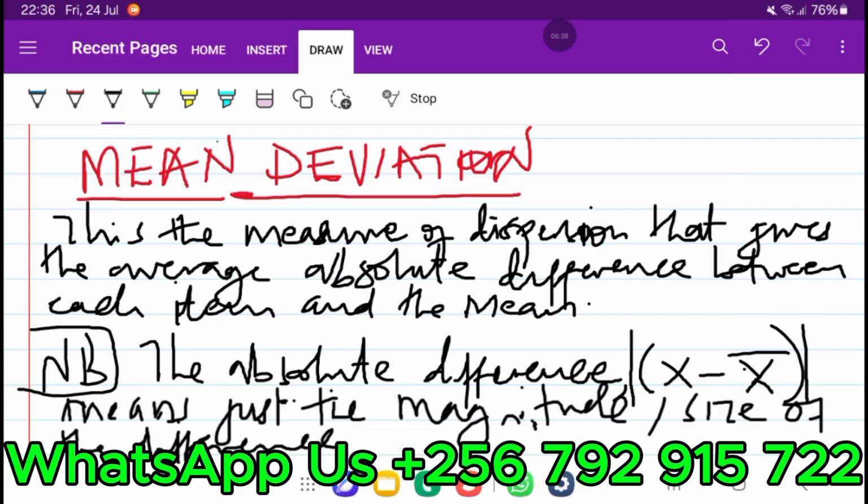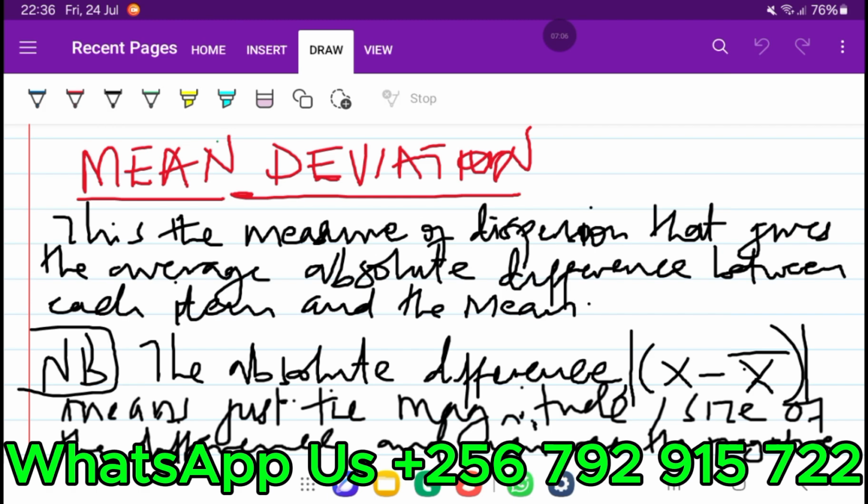It ignores the negative sign. So even if we get a negative, those absolute signs help us to remove the negative sign.